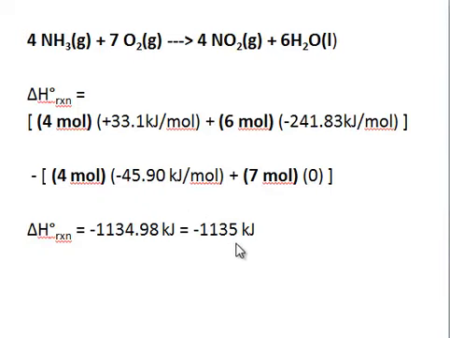And that gives us this delta H of reaction, which should actually be carried to the 10th place. My apologies, the 1st place. This is the conclusion of the final lecture of Unit 5.